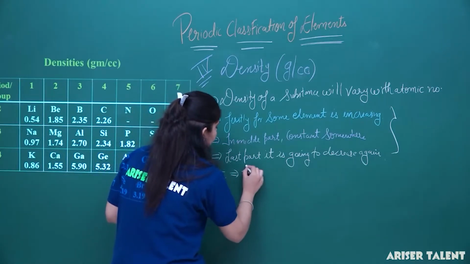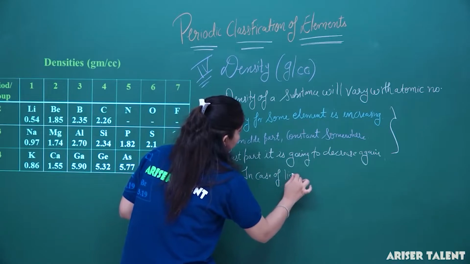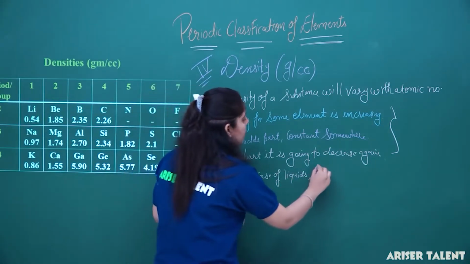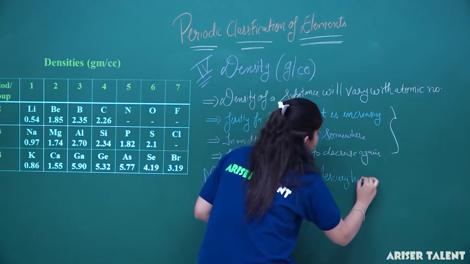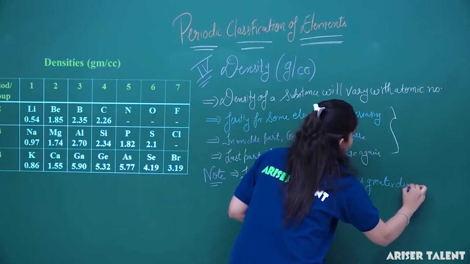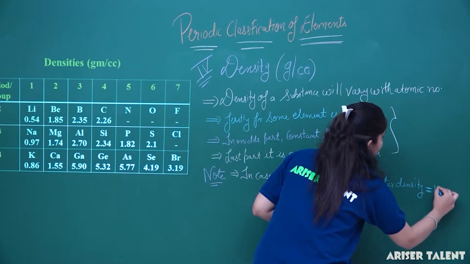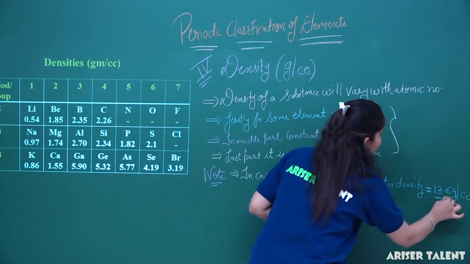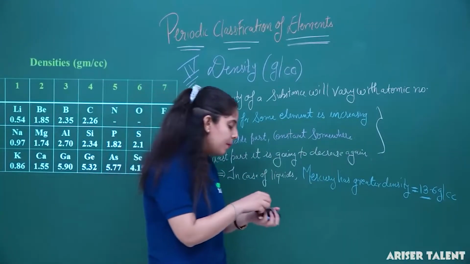The note is, in case of liquids, mercury has greater density. And what is the value of the density here? The density is actually 13.6 gram per cc, which is very high in case of liquids. So this will be the density for mercury here.